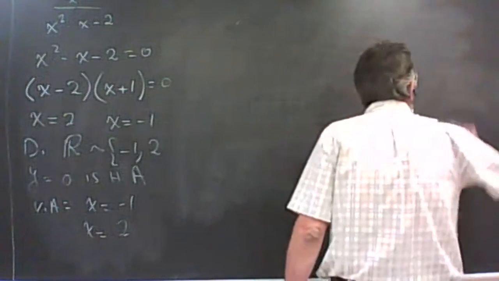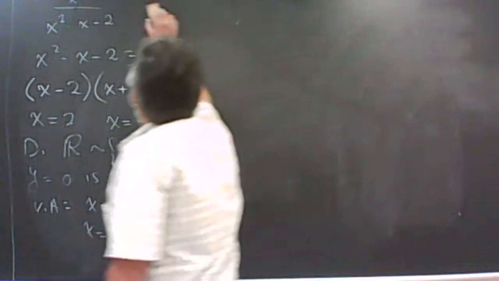This time, let's go ahead and do a little bit tricky. Let's do the following. It says x squared minus 9 divided by x squared minus 2x minus 3.